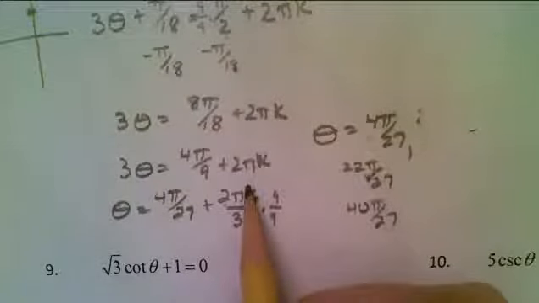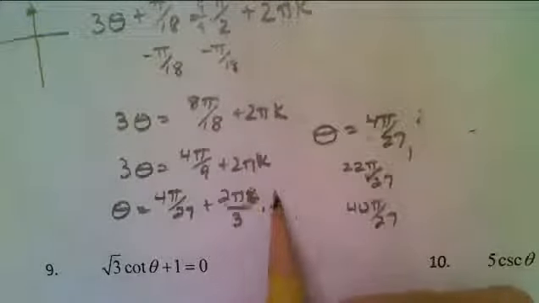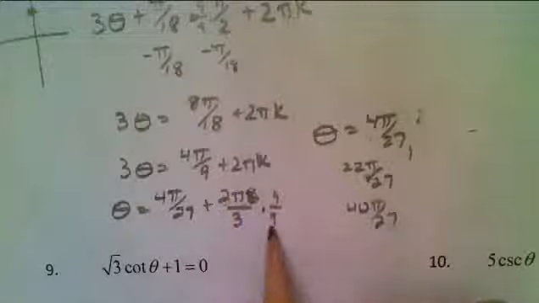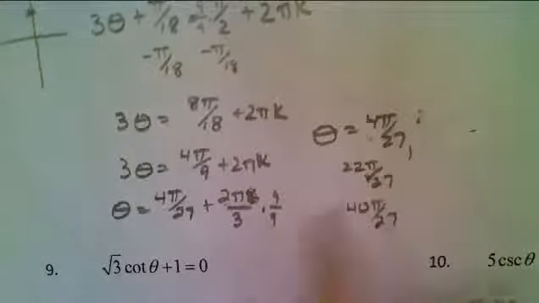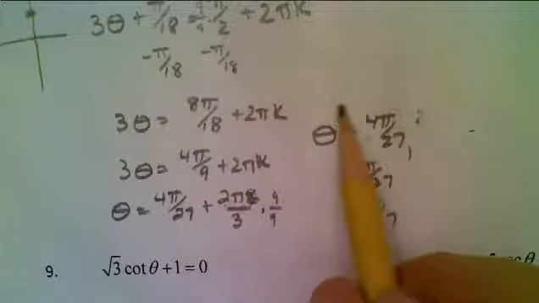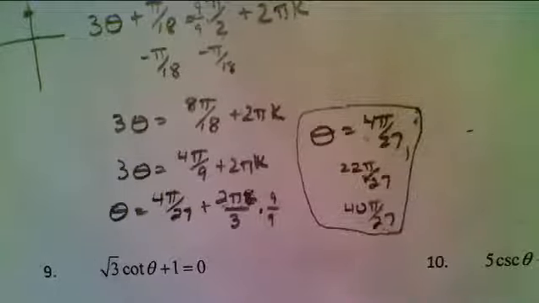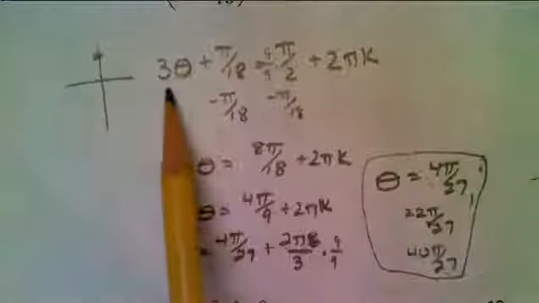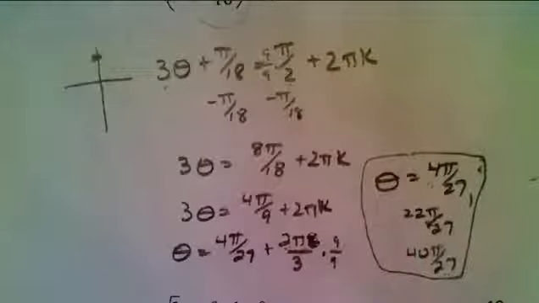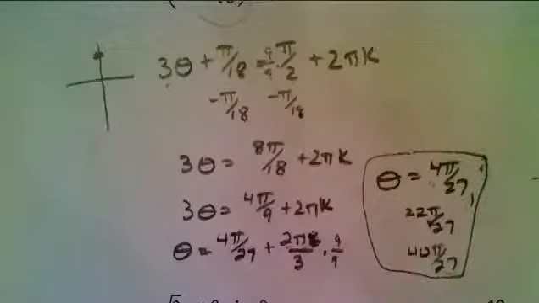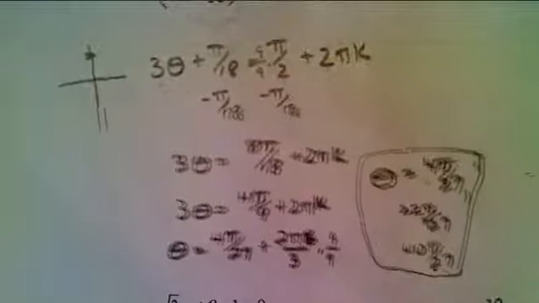If I put in k is 3, I'd get 6 times 9, I'd get 54 pi over 27. That's going to be too much. So I know at that point I'm done. Those are my 3 answers: 4 pi over 27, 22 pi over 27, and 40 pi over 27. Again, it makes sense because of that 3, which is why I'm getting the 3 answers for that.